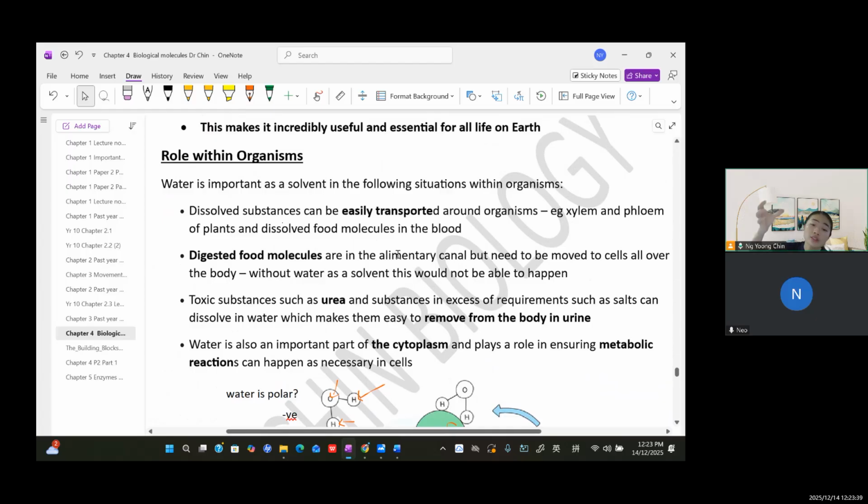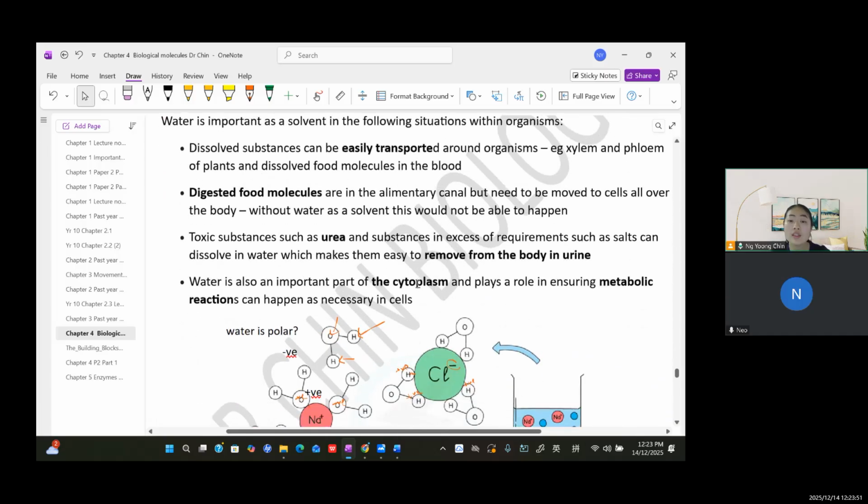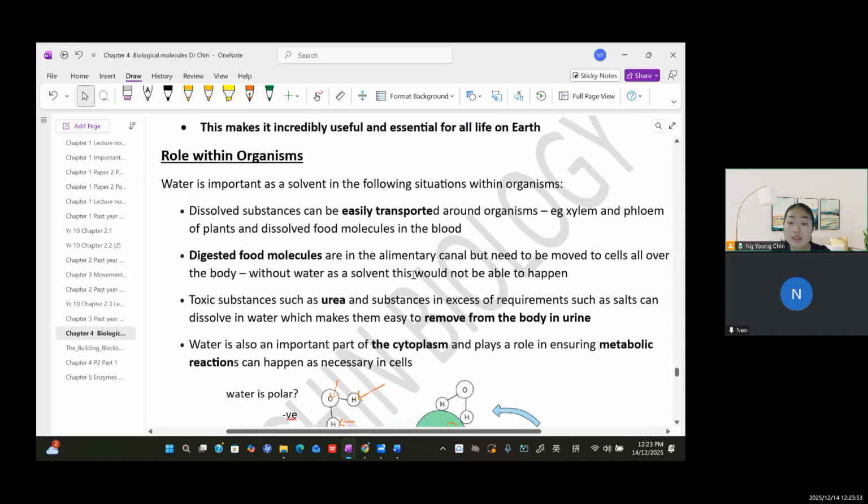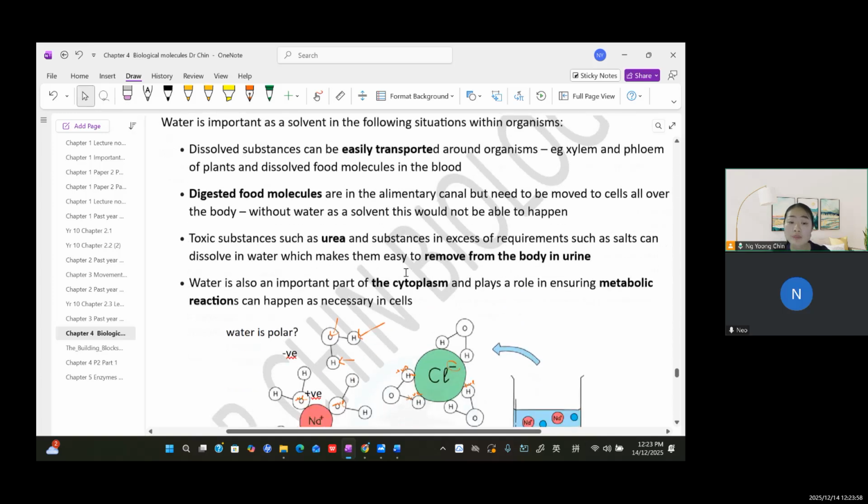So water helps to transport neutral molecules like oxygen, carbon dioxide, glucose and amino acids, allowing the food molecules to dissolve in the water.